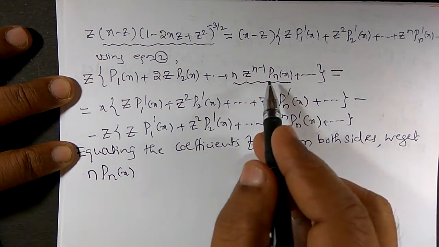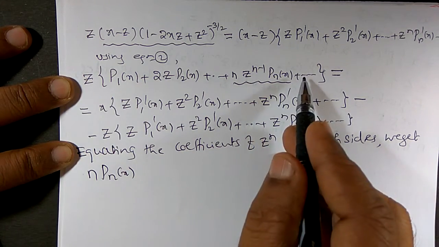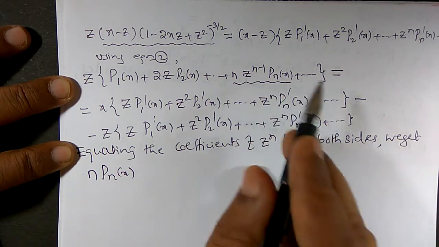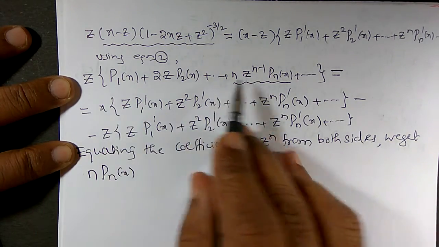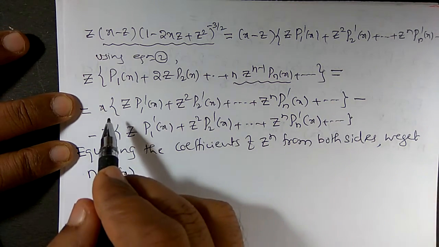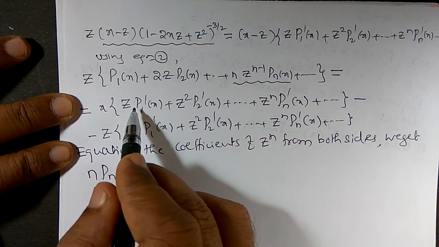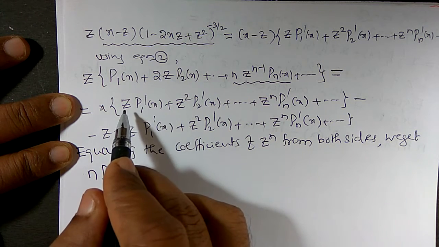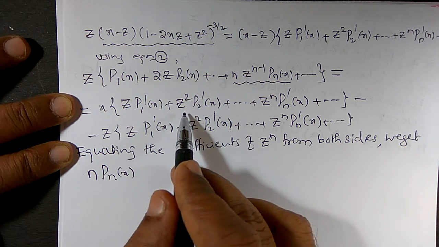From the left hand side, when I multiply z into the next term, I will not get a coefficient of z raised to n. That's why I will ignore all those terms, as well as the n plus 1th term, etc. Similarly, now I want to multiply x into the first term. So x into P1 prime of x is the coefficient of z, and so on.